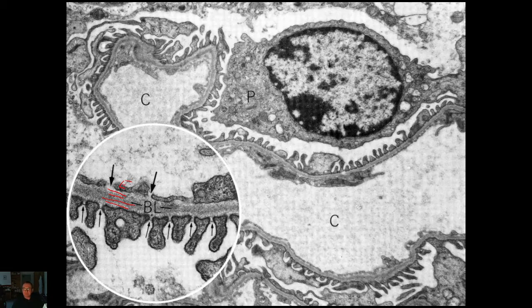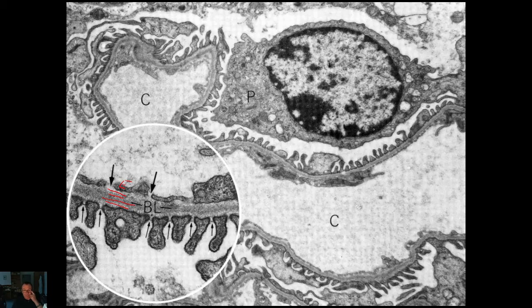This is the same situation as you know from the lungs, where in the contact of pneumocyte and endothelial cells there is also a complex of fused basal laminae, and we use the same terminology here.